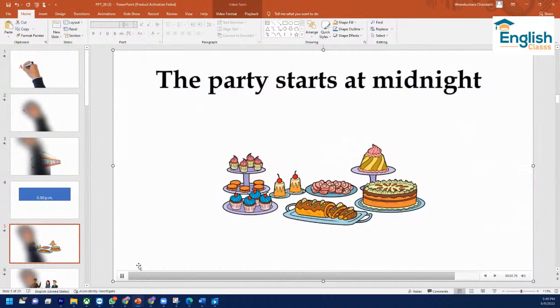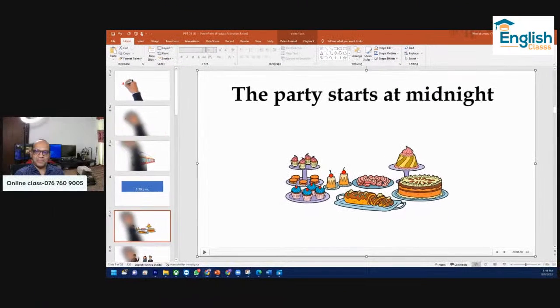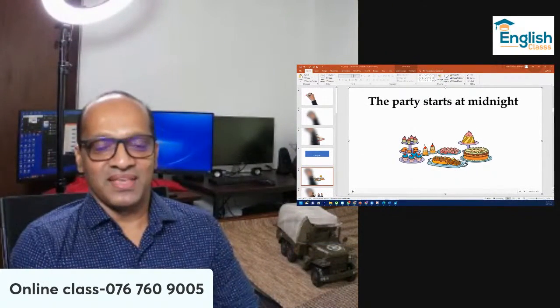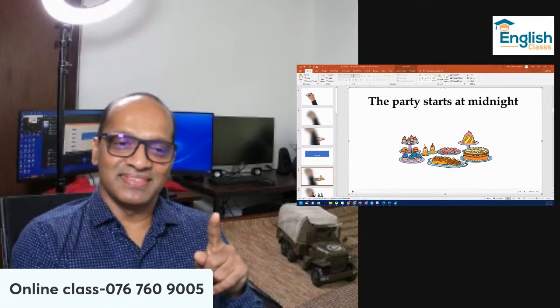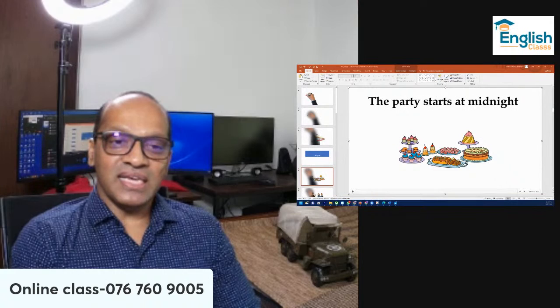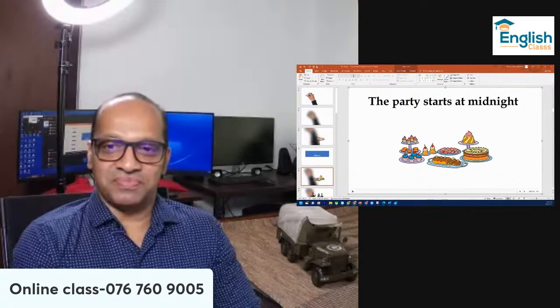Now look at this example. The party starts at midnight. It's a certain point of time in the day. At midnight. At 12 midnight. Midnight means 12 a.m. Noon means 12 p.m. It's a simple present tense sentence.